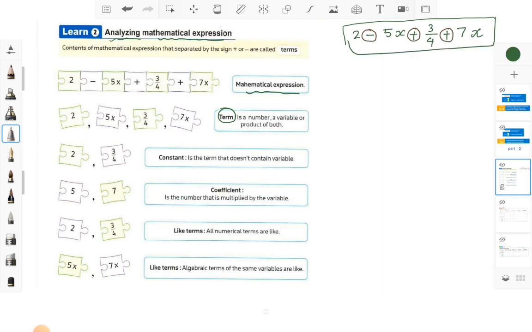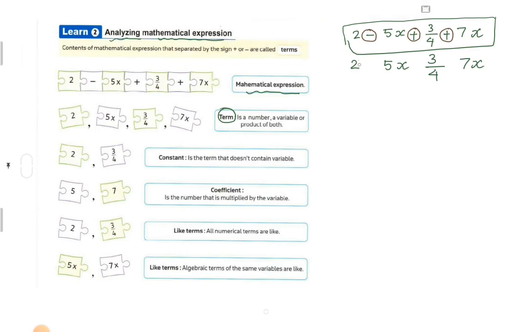Now I can say that 2 is a term, 5x is a term, 3 over 4 is a term, 7x is a term. Okay, 1 term, 2 terms, 3 terms, 4 terms.